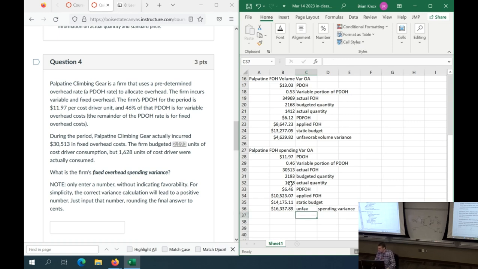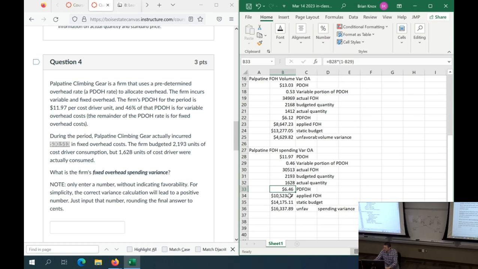So what we did is the problem gave us the actual overhead costs, this box. We calculated that given a fixed portion of PDOH of $6.46, that's just presented as rounding that way, it's got a tail.